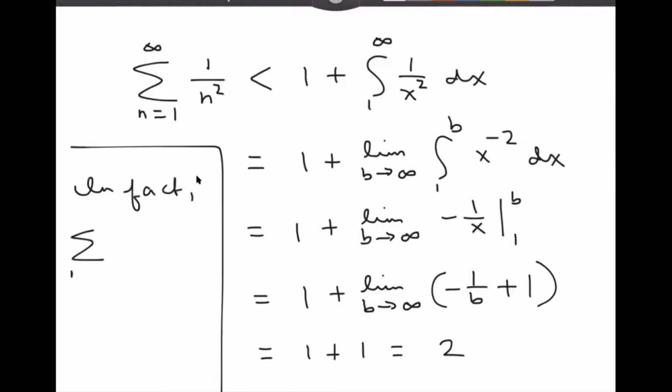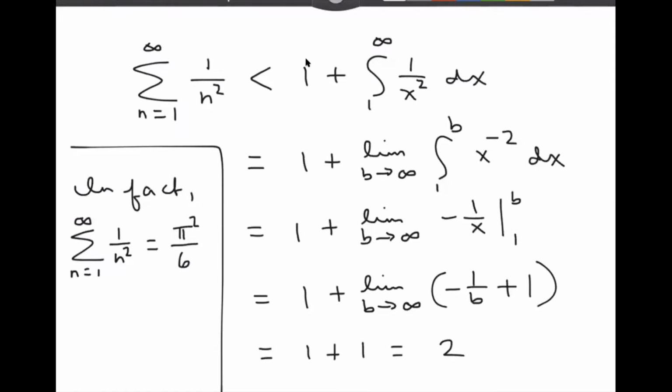It is actually known that the series n equals 1 to infinity of 1 over n squared converges to the number pi squared over 6. So this is just one of those surprising facts. The number pi creeps up in all sorts of unexpected places. And you can check on your calculator that pi squared over 6 is in fact less than 2.